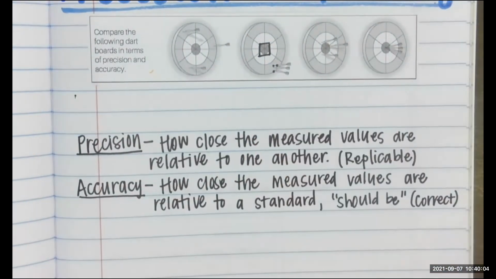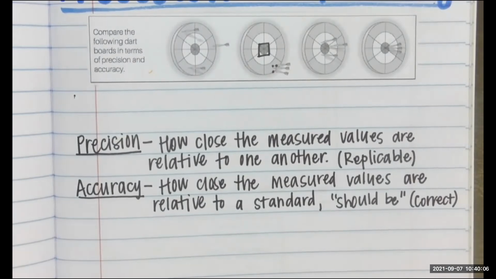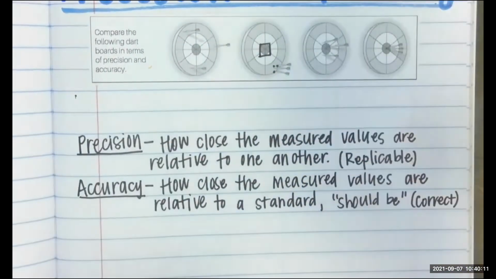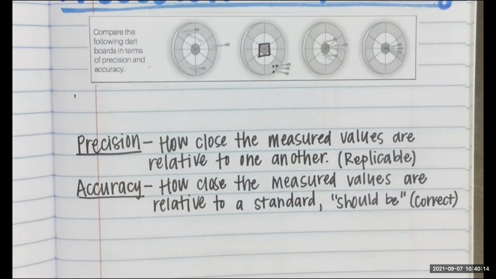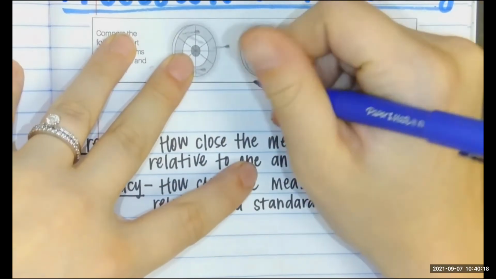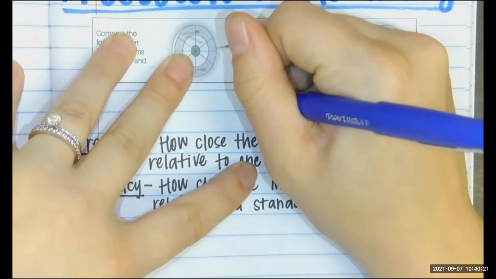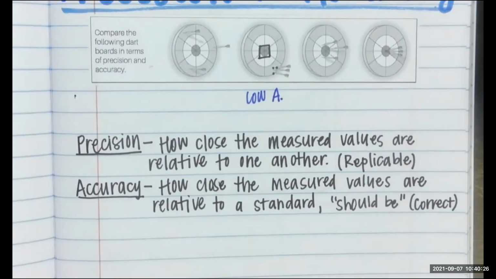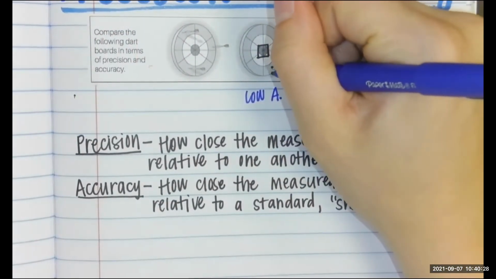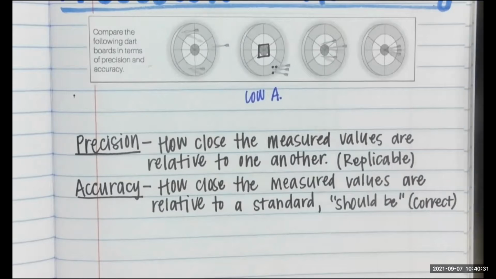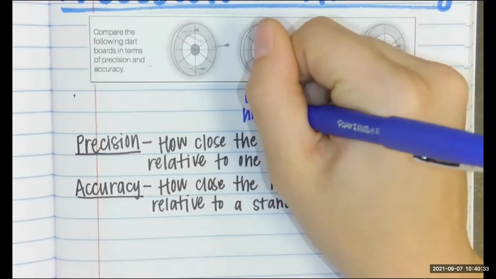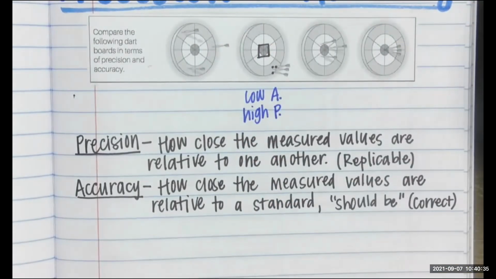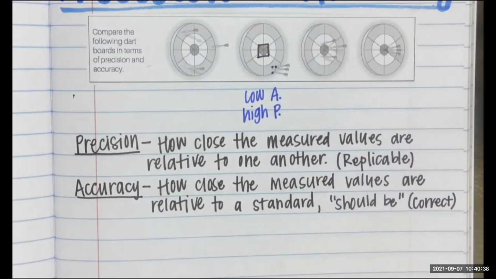So in this target up here, let me get a new marker, this person is not accurate. I would say their accuracy is very low, but they're very precise. Those dots are very close to each other. So high precision, but not very accurate for what it should be.